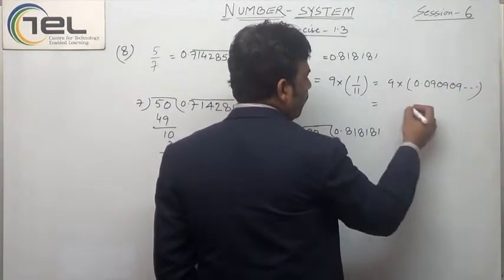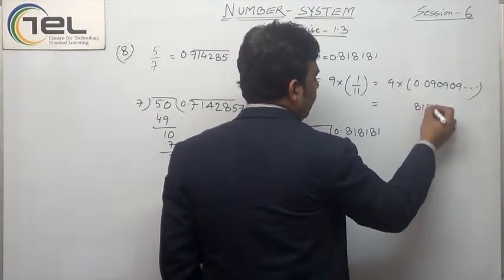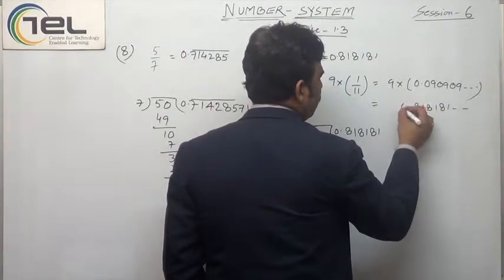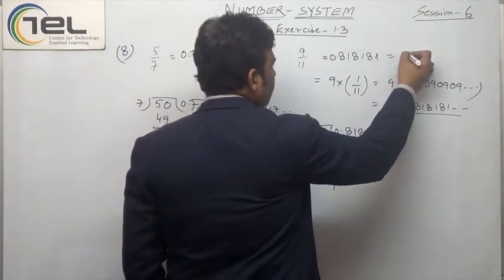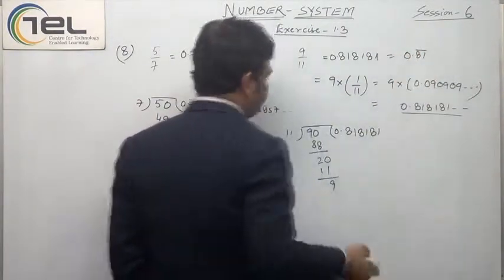Multiplying, it is 81, 81, 81 and so on. So directly I can write it as 0.81 bar.